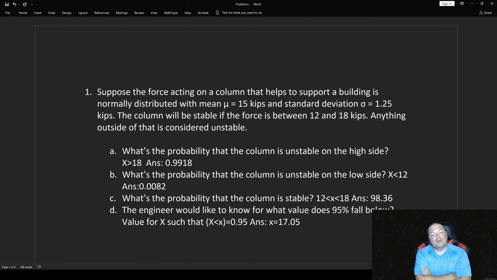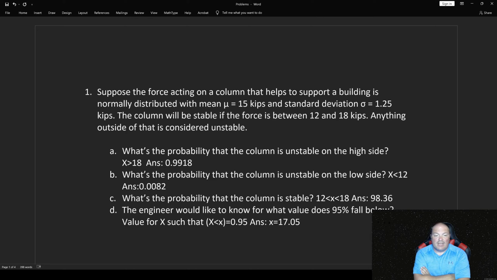So for number 1 here, we really had 4 different parts, and this is pretty much what a lot of these types of questions will look like. The only thing you didn't see here that you might see is maybe they want to know the probability that it's unstable.